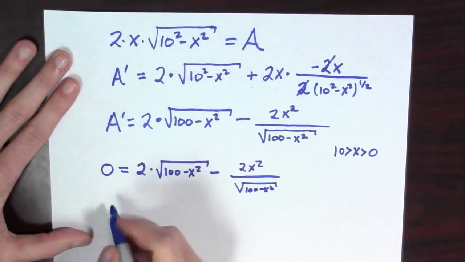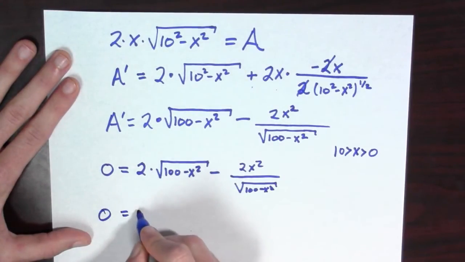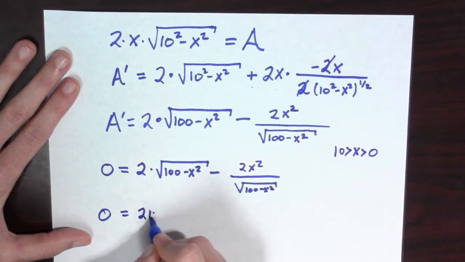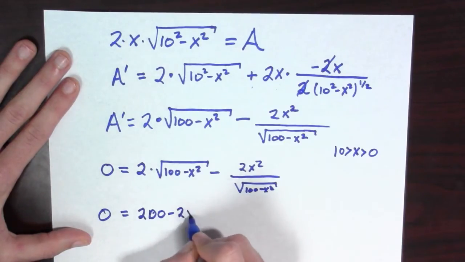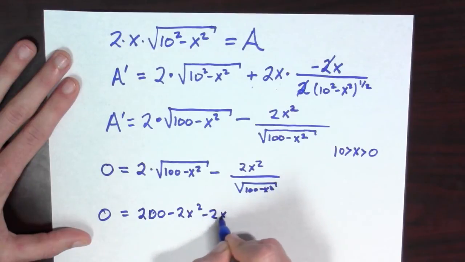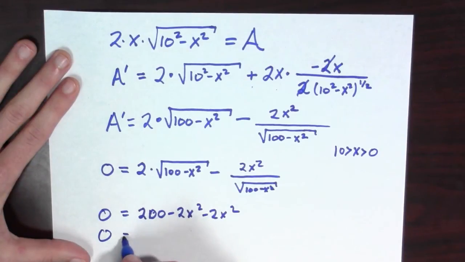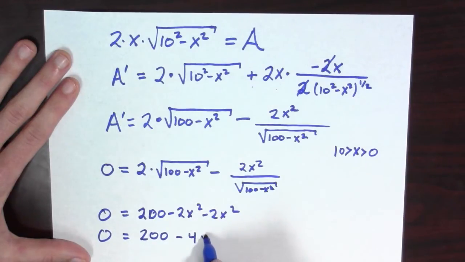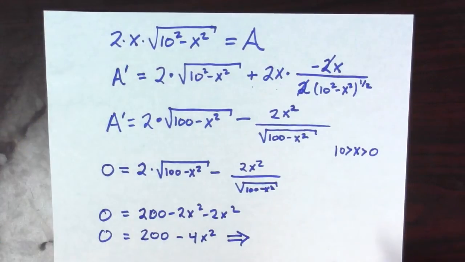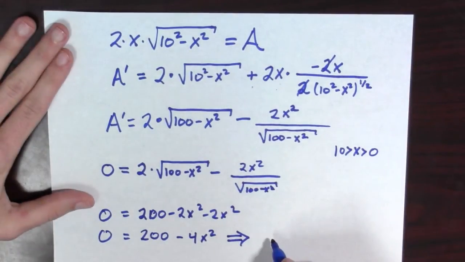And here we're going to get 0 is equal to 200 minus 2x squared minus 2x squared. 0 is equal to 200 minus 4x squared, which tells us, look, I can divide everything by 4 if I want to.